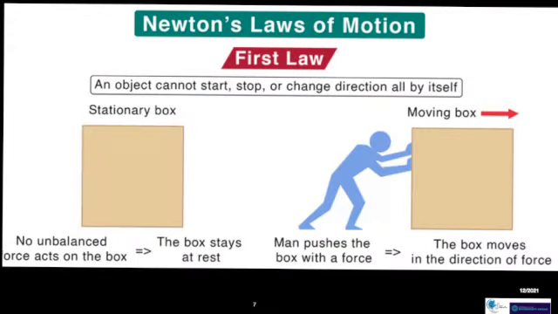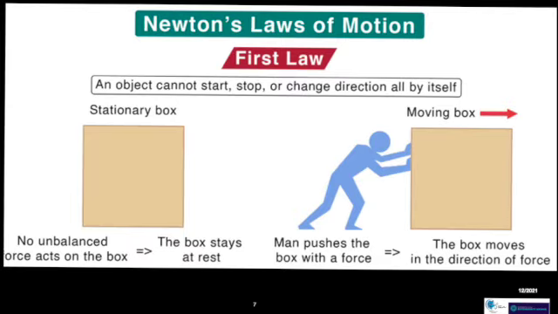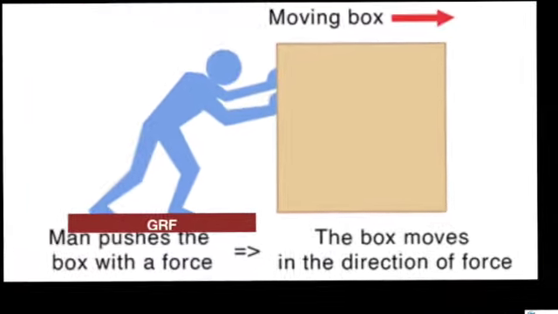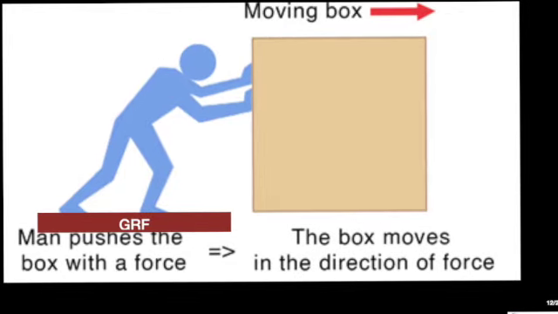So, internal forces, muscles, cannot start, stop, or change direction of an organism all by themselves. They must interact with an external force to do so. In this illustration, the person moving the box borrows its force from its interaction with the ground reaction force. And that means the body is acting as a spring, an intermediary between two external forces.